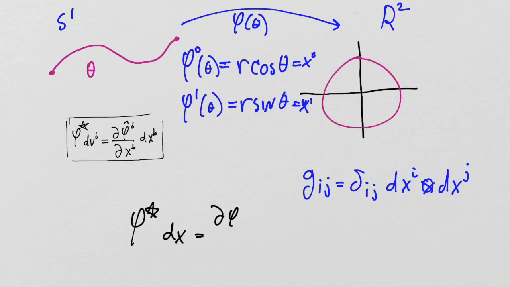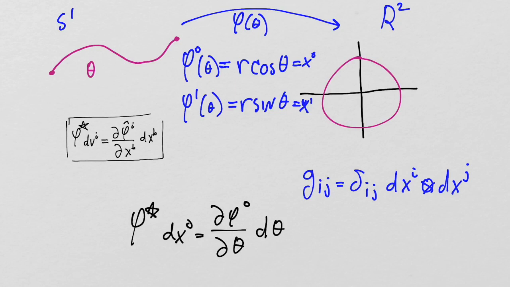So the pullback of dx^0 is the partial derivative of phi^0 with respect to... hold on. Yeah, that makes no sense, right? Remember, phi^0 is a function of the coordinates in S1, right? Phi^0 is a function of theta. So it is just as a function of theta, and then times d theta.